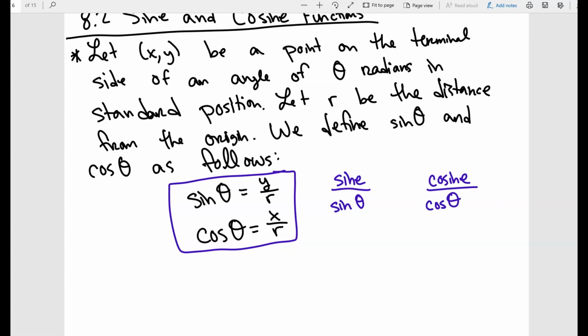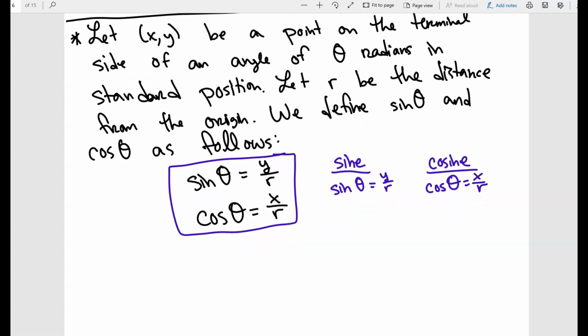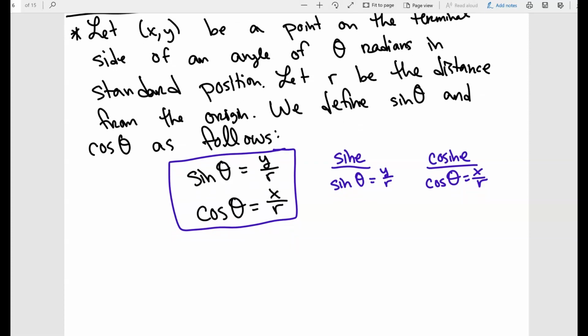And they both equal their respective formulas, y over r and x over r, okay? So basically, when we're talking about the sine and the cosine, we are relating the lengths of some particular segments with theta, okay? So let me give you an example.